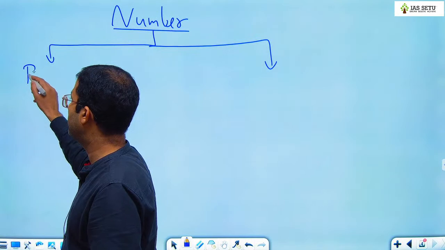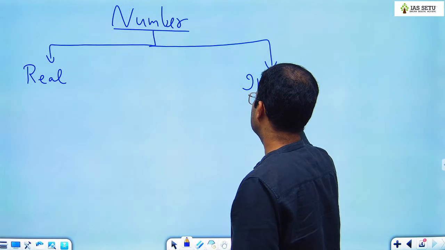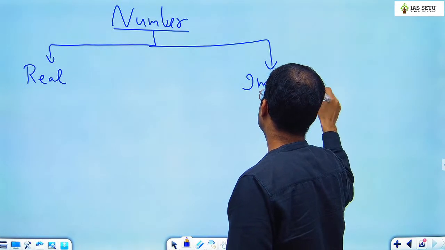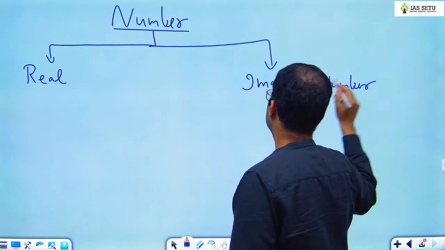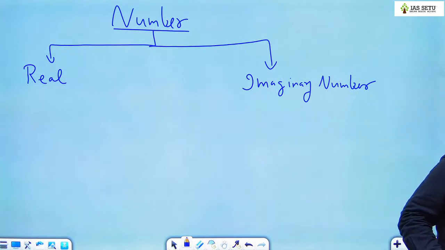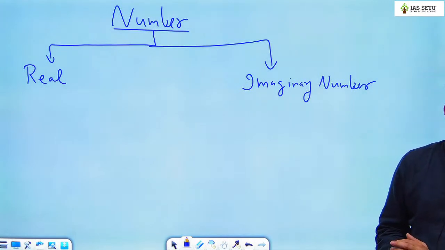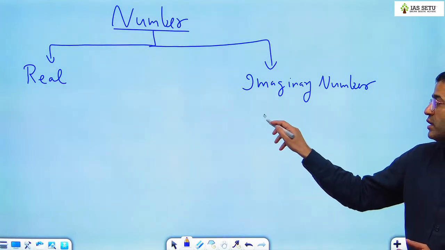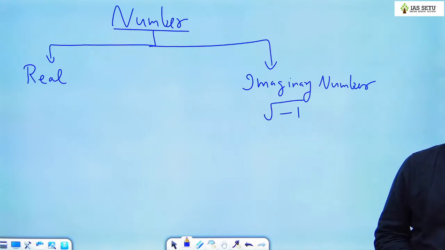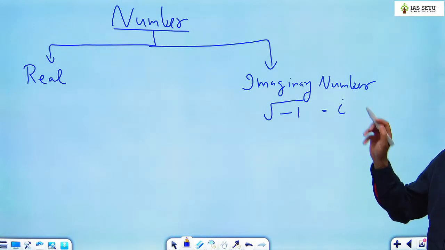Here we have real numbers, here we have imaginary numbers. Imaginary numbers like under root -1, under root -2, under root -3, under root of a negative integer. These are called imaginary numbers. Under root -1 is iota.